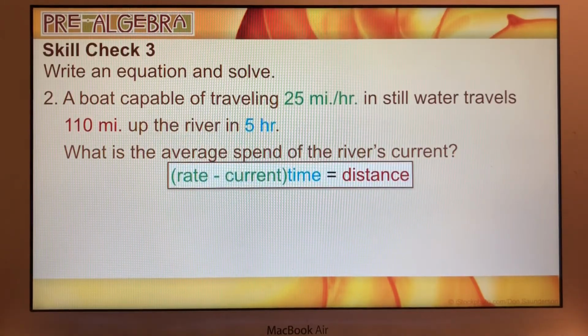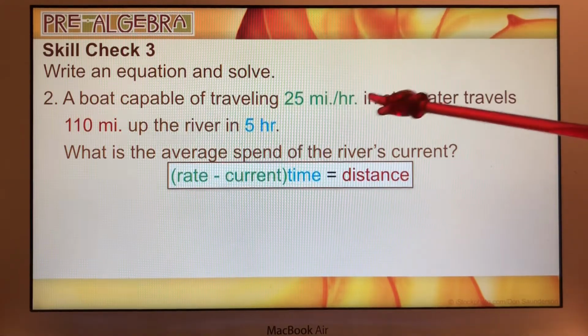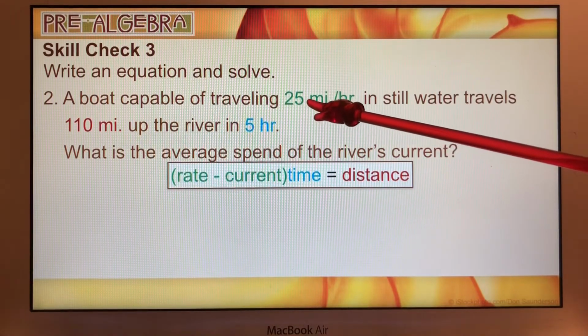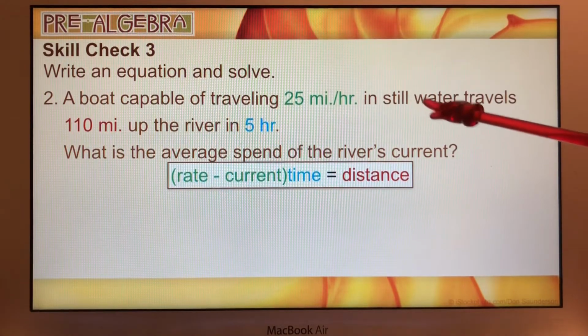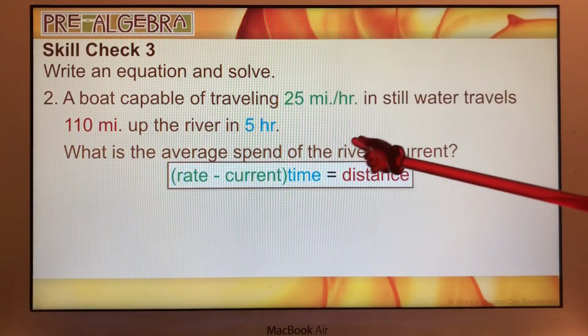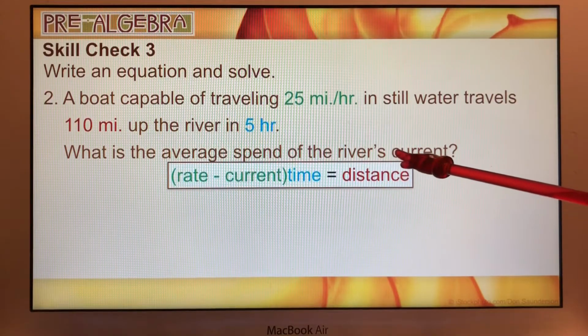In our next example, we have the rate of the boat, but that rate also has to go against the current of the river's water.